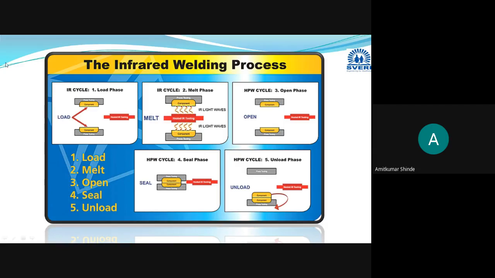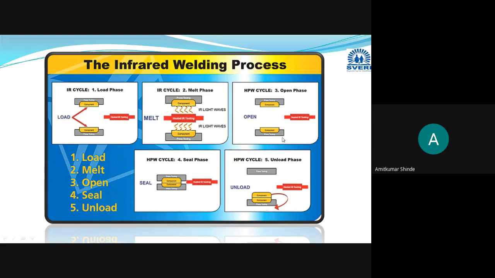Then the melt phase: here we place the infrared light source in between the two plastic materials which we want to join. After this is the open phase, where the infrared light source is removed. And in the seal phase, we apply pressure with the help of the holding fixtures, and the molten plastic surfaces get joined due to the pressure, and some cooling time is provided.